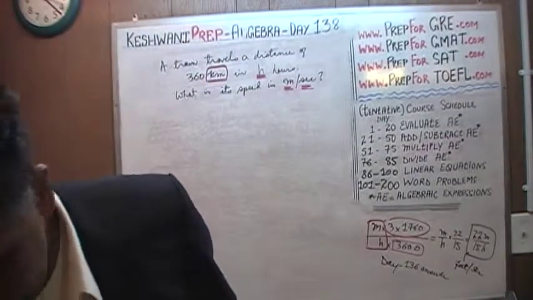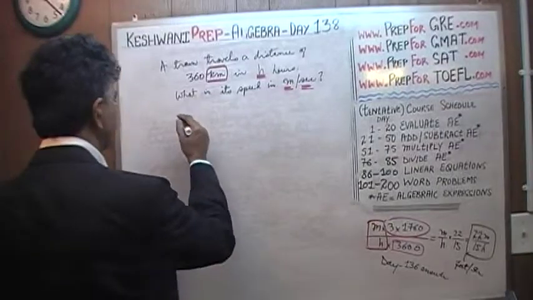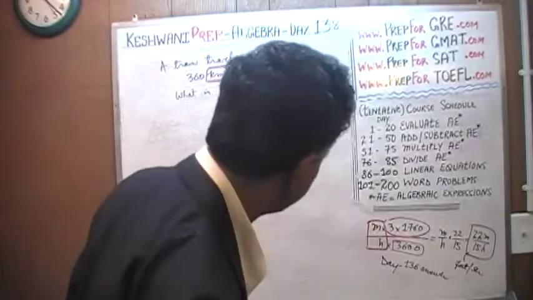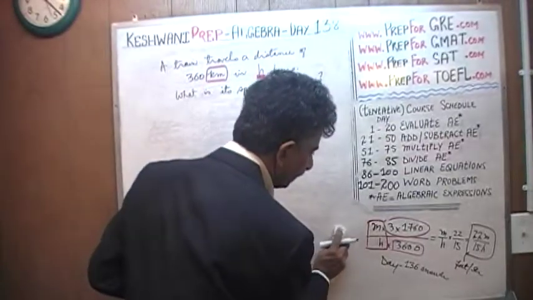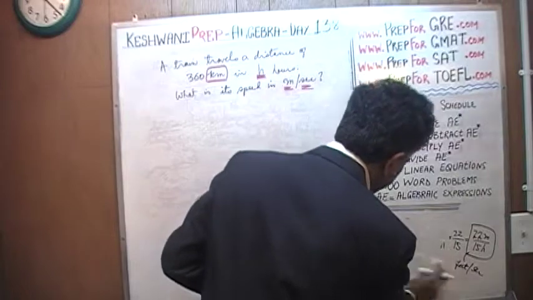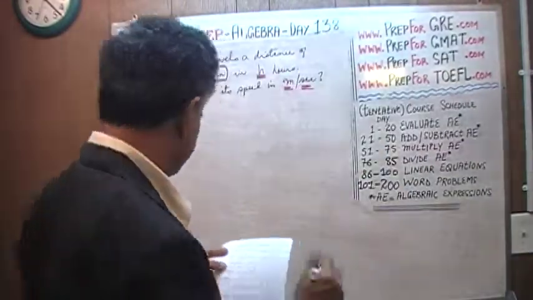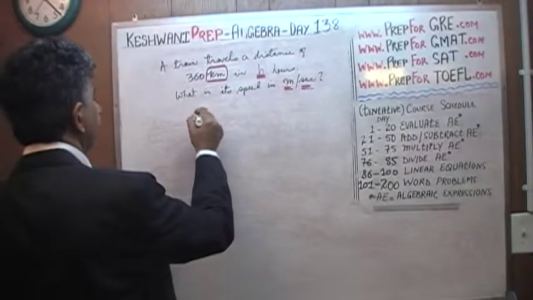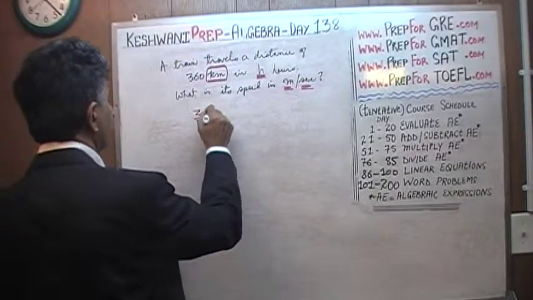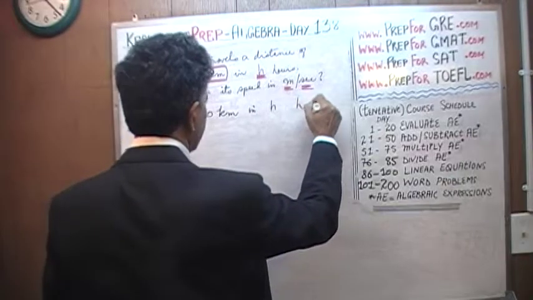So let's get going. 360 kilometers. This is from yesterday, we don't need it. I'm going to get rid of it. Actually from day number 136, we are at 138. 360 kilometers in h hours.